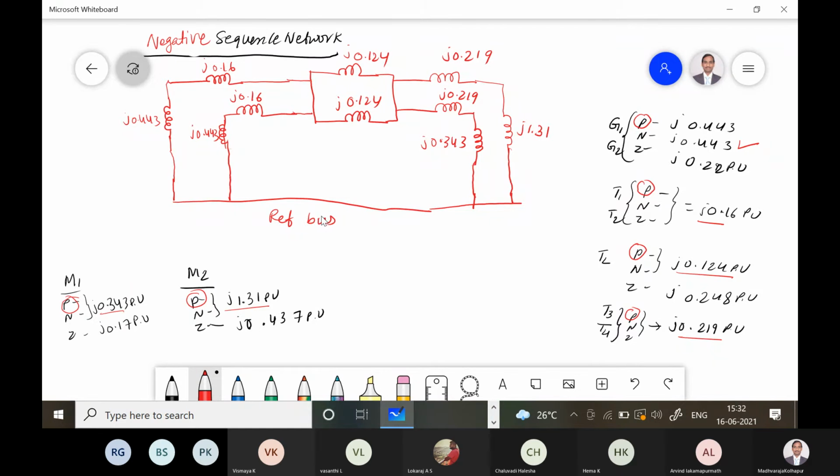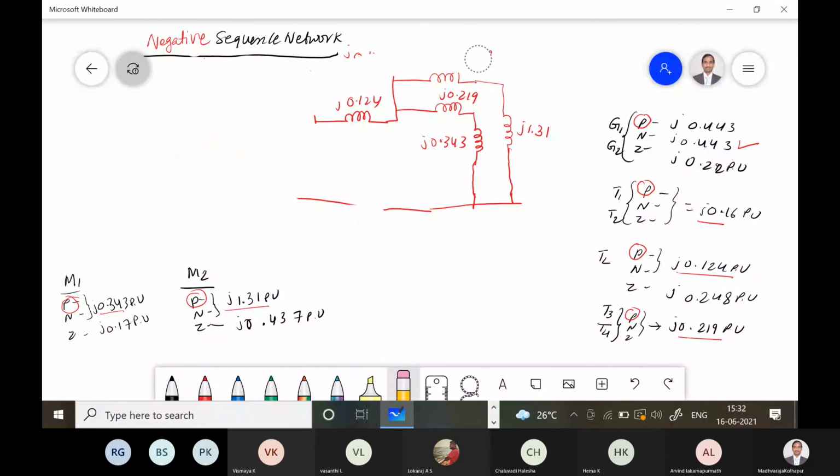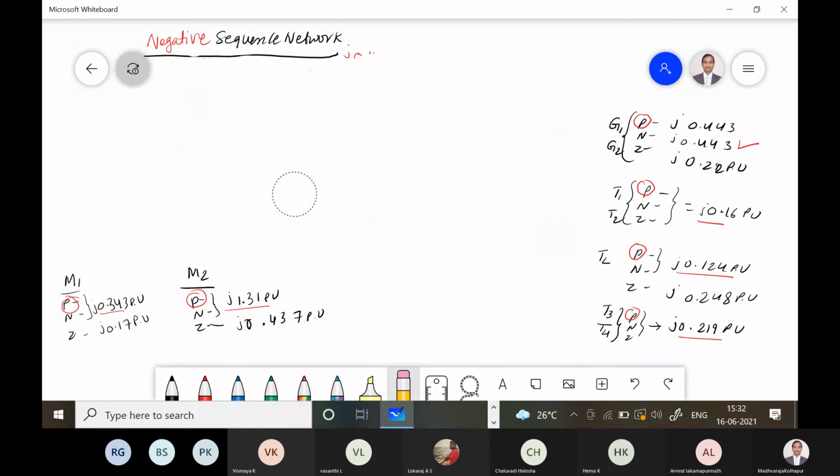Four. Now we need to draw the zero sequence network. So for the zero sequence network, reference bus.